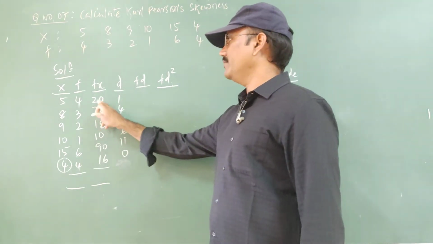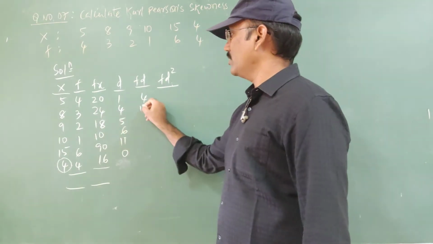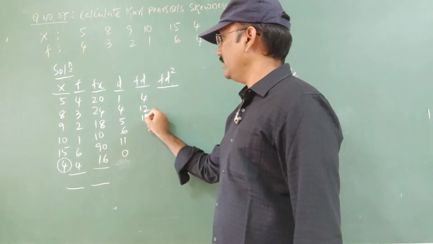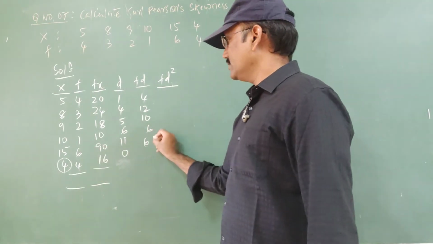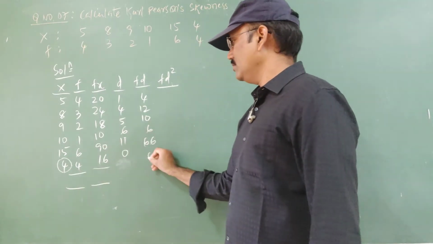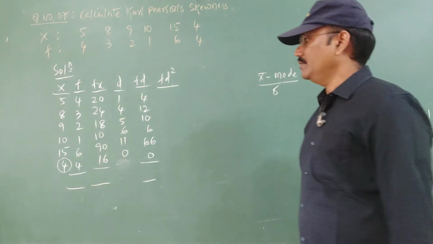Now you need to multiply f into d: 4 into 1 is 4, 3 into 4 is 12, 2 into 5 is 10, 1 into 6 is 6, 6 into 11 is 66, 4 into 0 is 0.